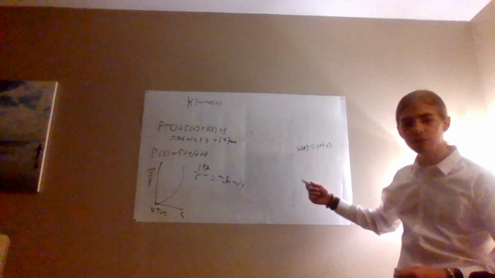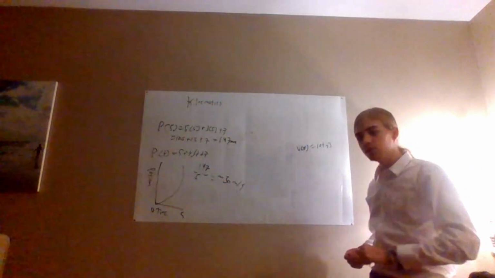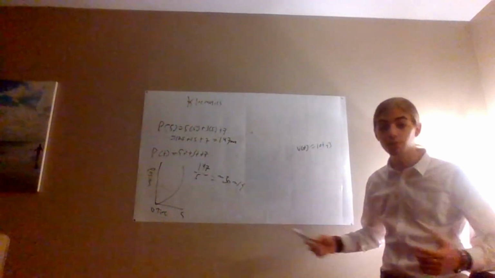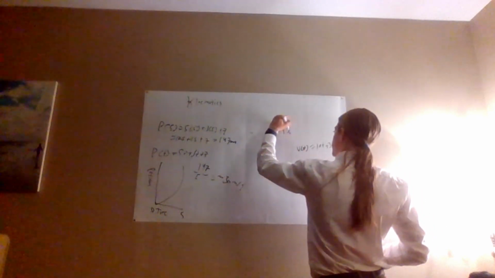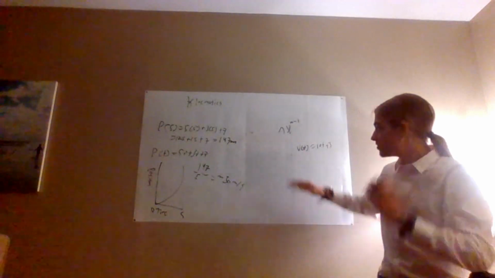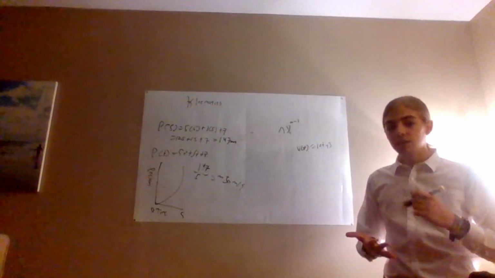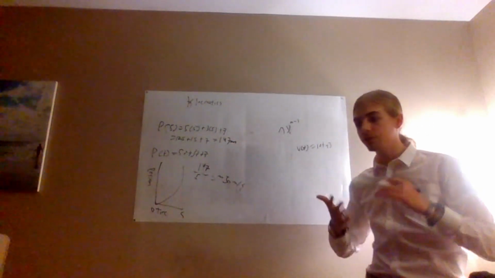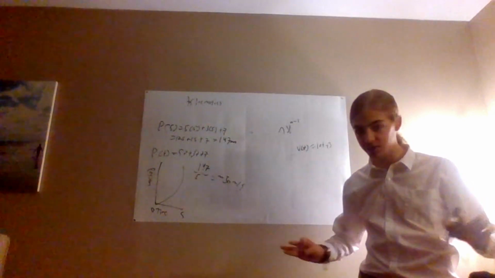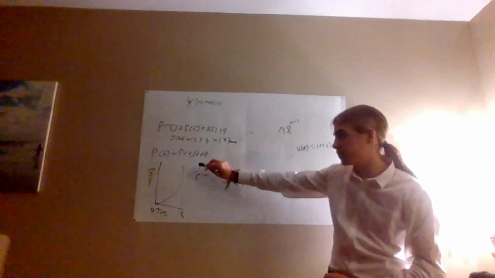But if we only have 1 point, how do we get that? We use something called a derivative, which is what we just did. The formula I gave you, n times x to the power of n minus 1, is called the power rule of derivatives in calculus. A derivative is the slope of a line at any one point. So here, this is the derivative function for this function.